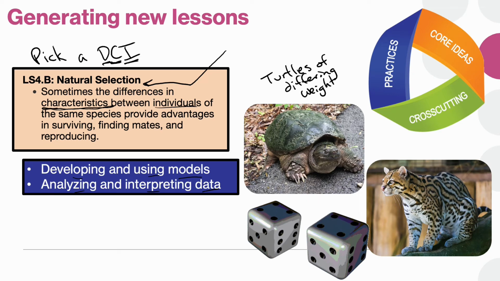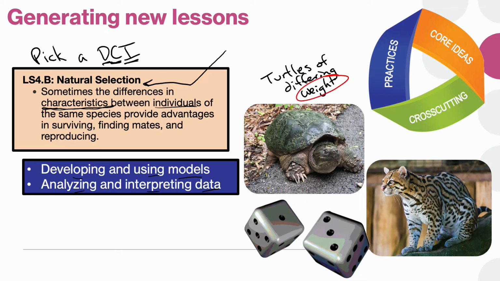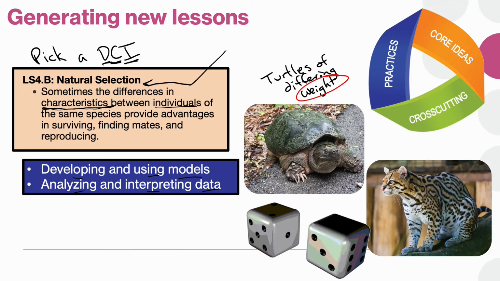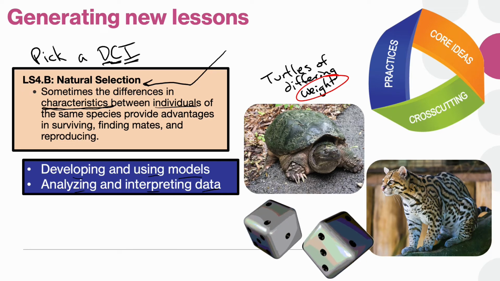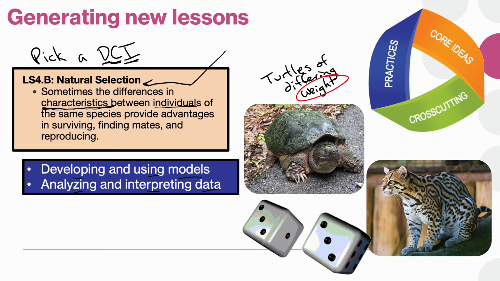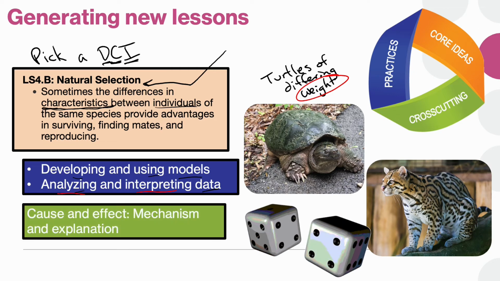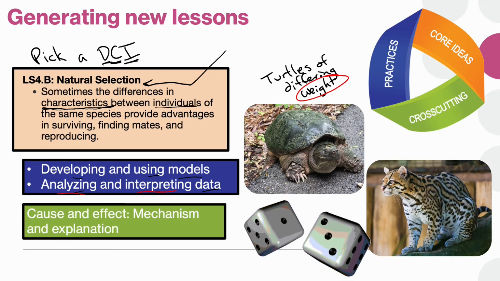They're not all exactly the same. In this case, weight differs among them, and we find out that being heavier is an advantage over time, and we end up with a population that has more heavy turtles, and we figure that out through analyzing the data.